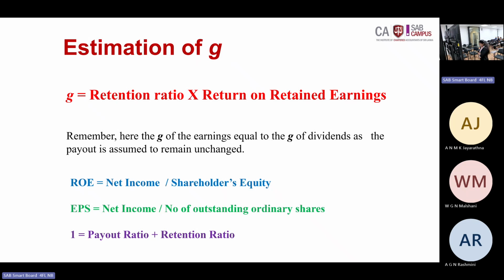Then earnings per share, EPS. EPS means if an investor invests in a particular company for one share, what would be the return?